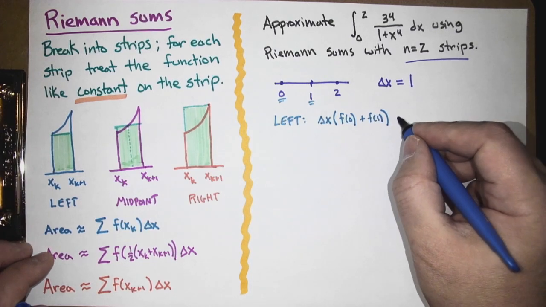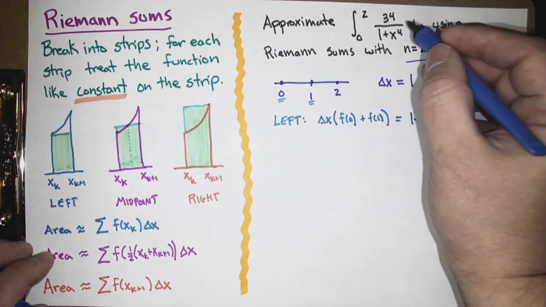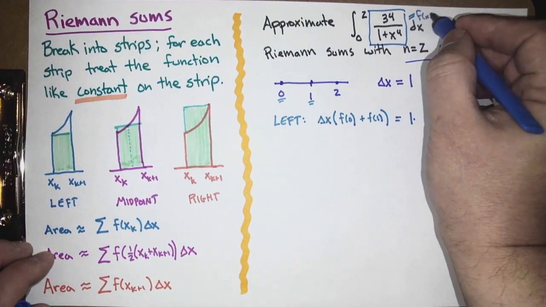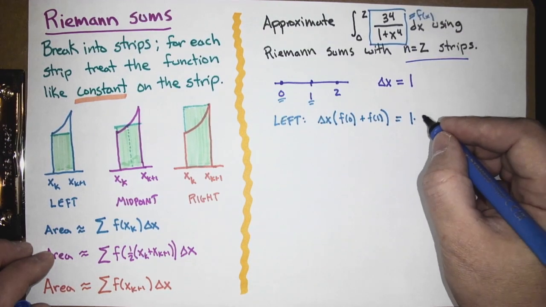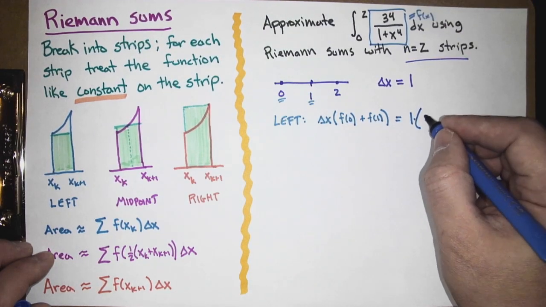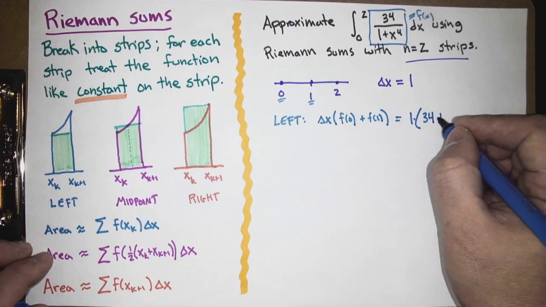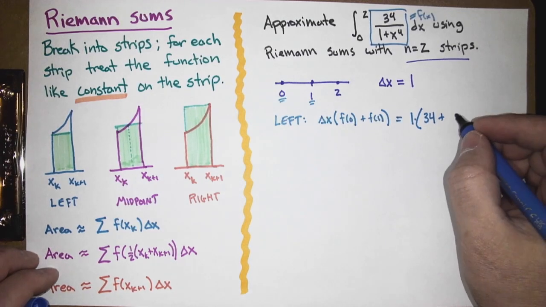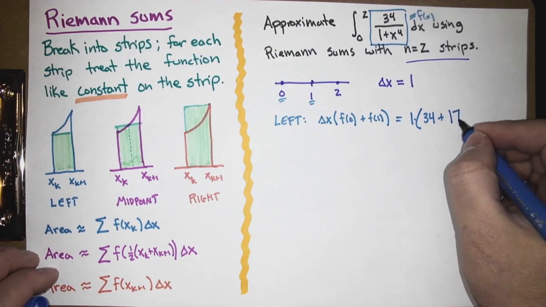What do you get when you plug in 0 into our function? 34 over 1 plus 0, so that's 34. So 1, which is our delta x, times 34. And what happens when we plug in 1? 17.